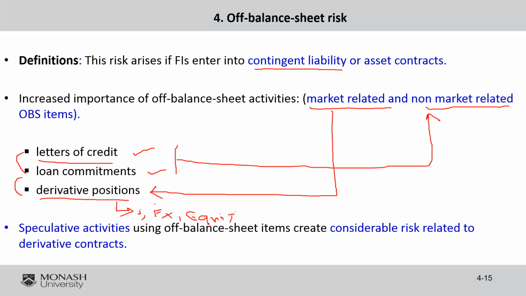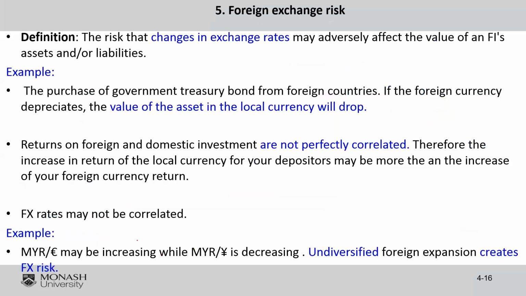So if the interest rate changes in the market or the foreign exchange or the equity, then in this case, derivative contracts will make a contingent liability in the future, especially if there are speculative activities.